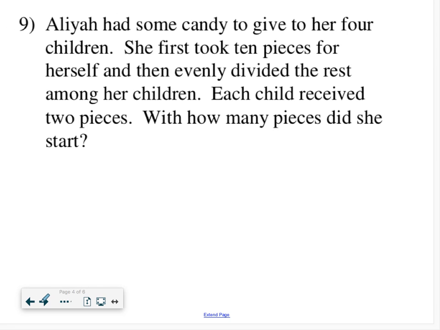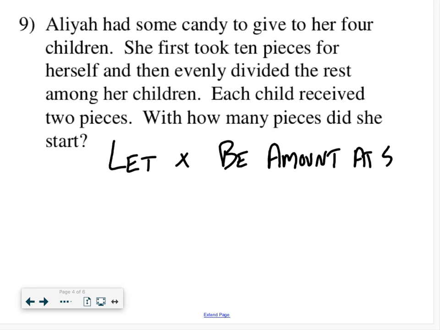Next. Malaya had candy to give to her 4 children. She first took 10 pieces for herself, then evenly divided the rest amongst her children. Each child received 2 pieces. How many did she have at the start? Let x be the amount at start.